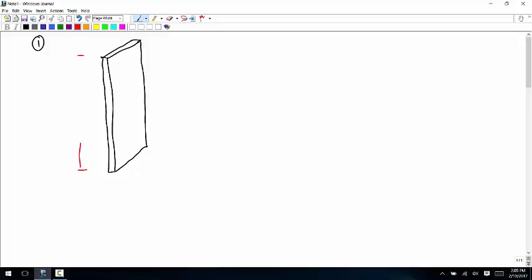This length is originally 0.25 meters, and this is 0.1, and the thickness is 0.005.